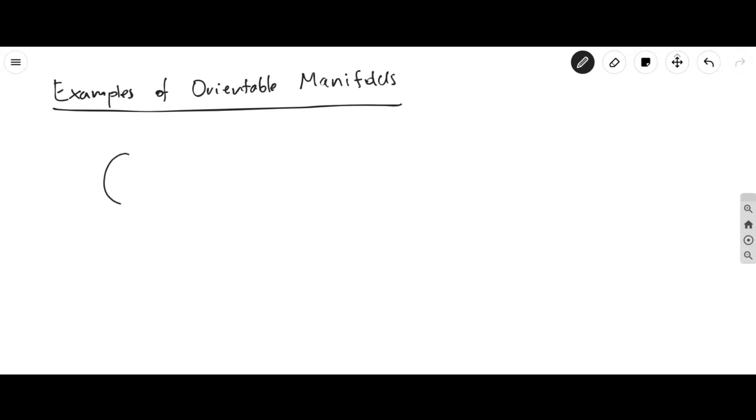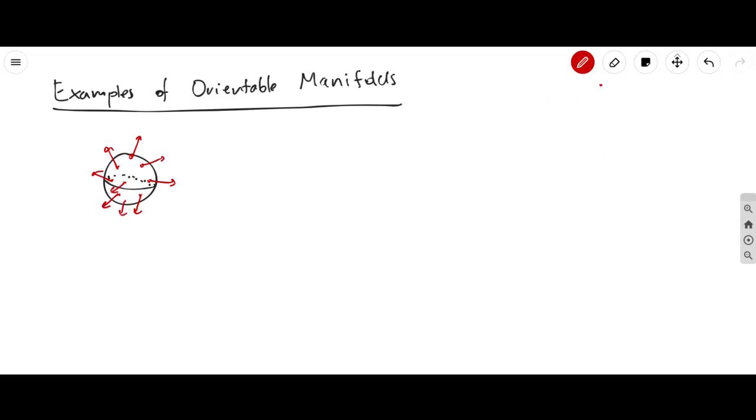So the sphere, as we mentioned, is an orientable manifold for the simple reason that at every point in the sphere, you can draw a normal vector. This is just perpendicular to the sphere, so at every point you can draw a perpendicular that points out.